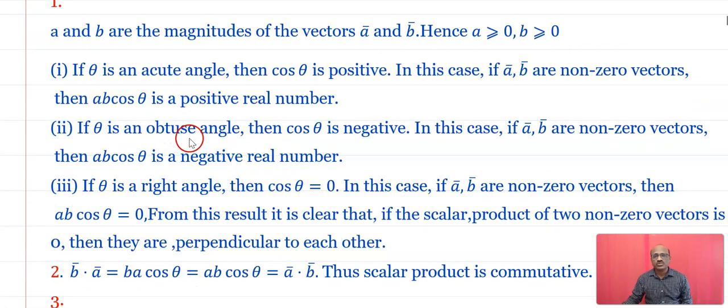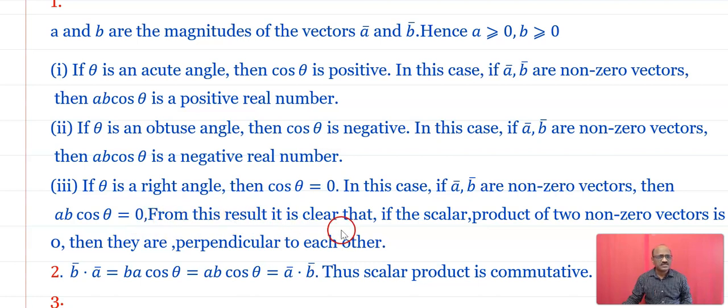If theta is an obtuse angle, cos theta is negative. In this case, A bar and B bar are non-zero vectors, and then AB cos theta is a negative real number. If theta is a right angle, then cos theta is 0, because cos 90 is 0. And in this case, if A bar and B bar are again non-zero vectors, then AB cos theta equals 0.